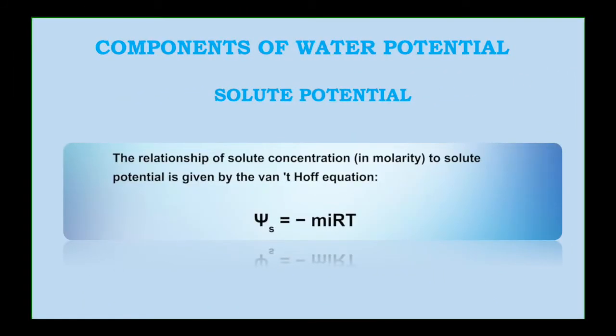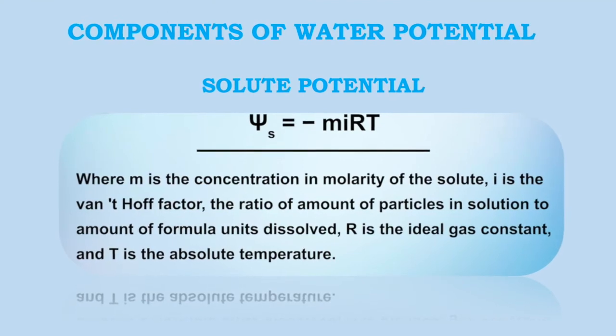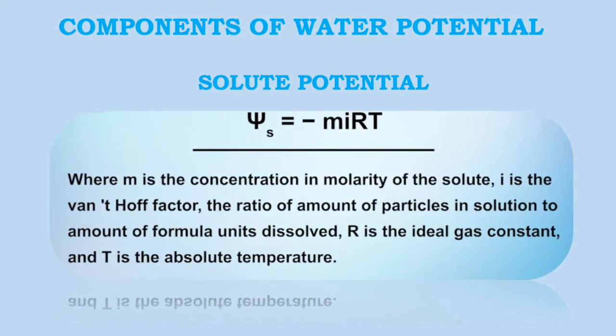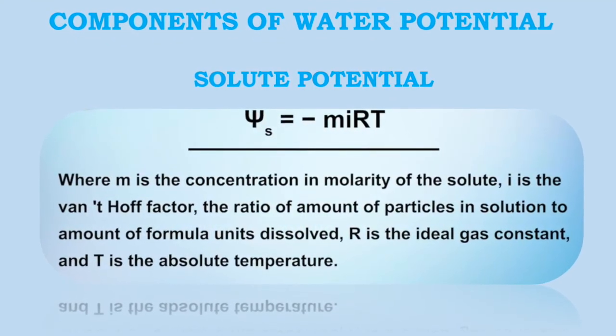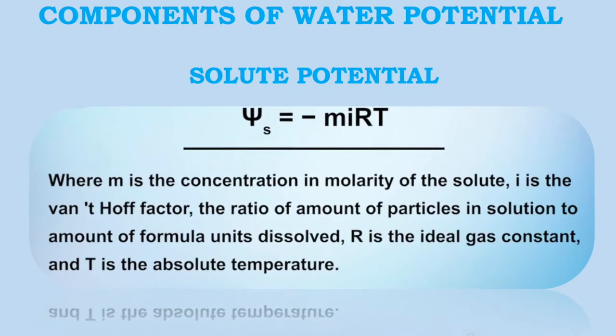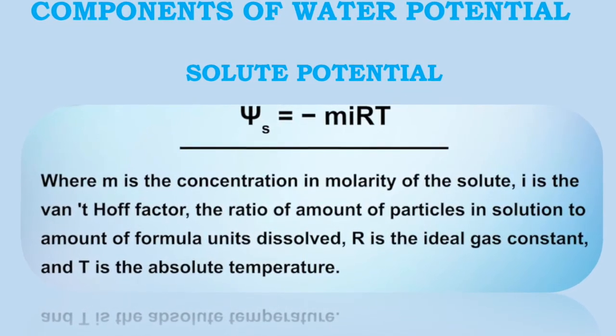First, solute potential. The relationship of solute concentration to solute potential is given by the van 't Hoff equation, which is psi S equals minus MiRT, where M is the concentration in molarity of the solute, i is the van 't Hoff factor, R is the ideal gas constant, and T is the absolute temperature.